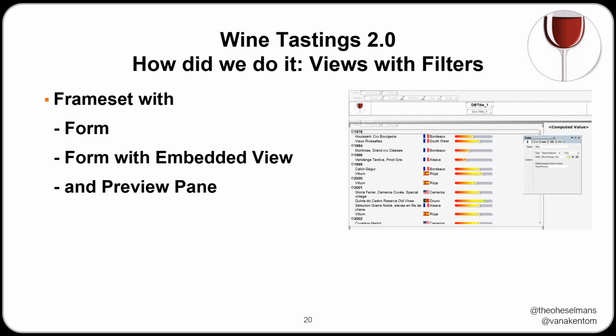The reason why we use a form with an embedded view is because we can have filters at the top, and the filters will automatically make sure that the content of the embedded view is updated based on those filters. With filters, I just mean a drop down or arrows or whatever we want to put there. It's very simple, very easy to do, and it's pretty powerful.